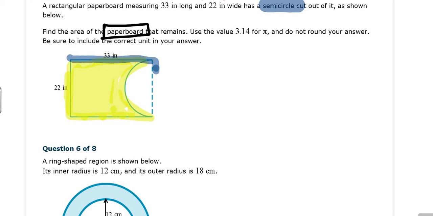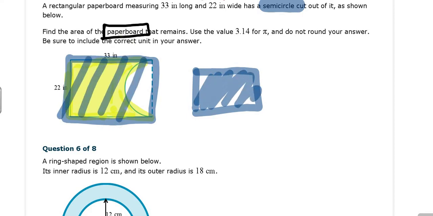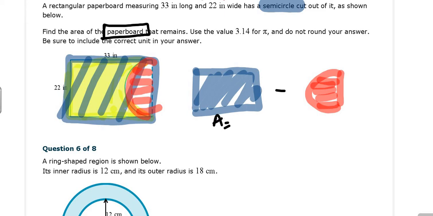We're going to find the area of the rectangle. And we find the area of the semicircle. And of course we subtract. This is going to be area equals length times width.